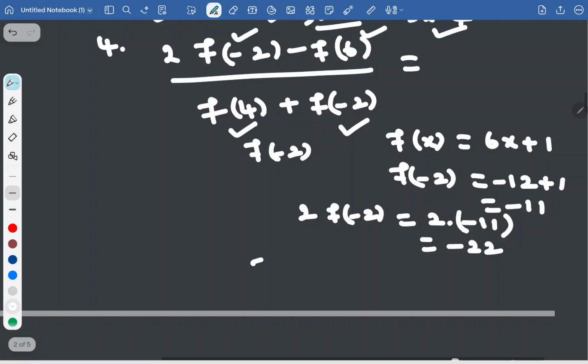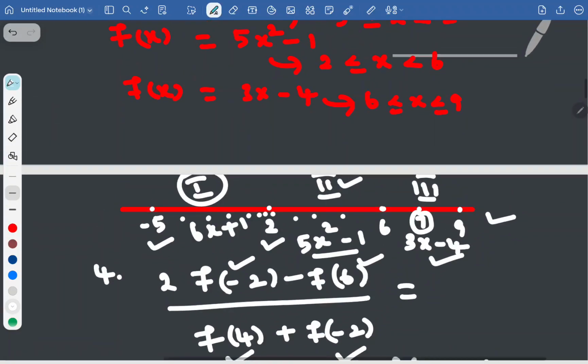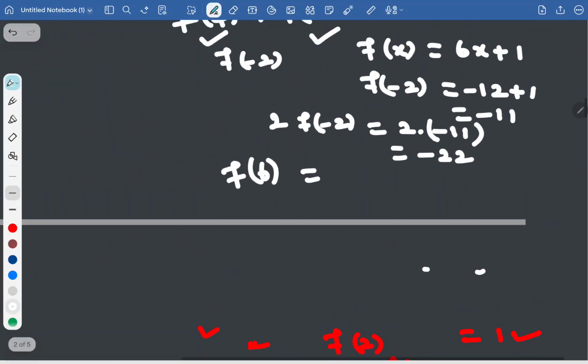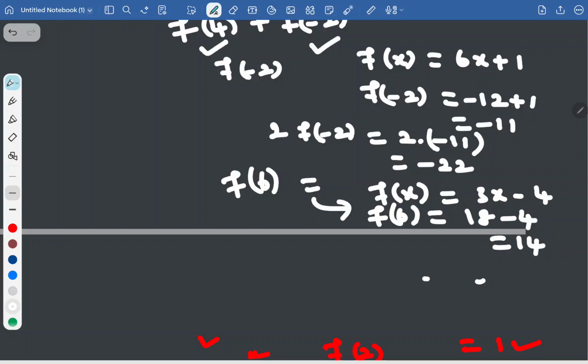Now f of 6. f of 6 means, here the second interval does not include 6, but 6 is included in the third interval, 6 less than or equal to x less than or equal to 9. The value for f of x is 3x minus 4. f of x for f of 6 is 3x minus 4. Now find f of 6. 18 minus 4, 14.